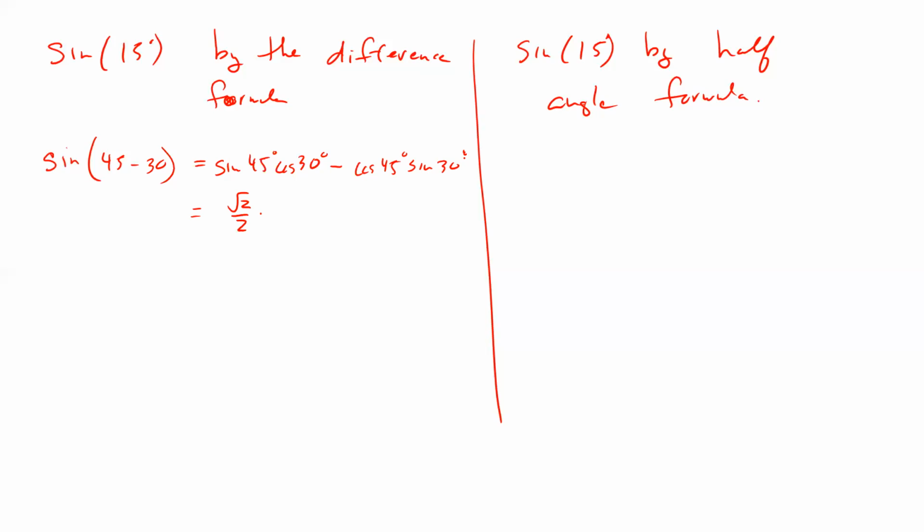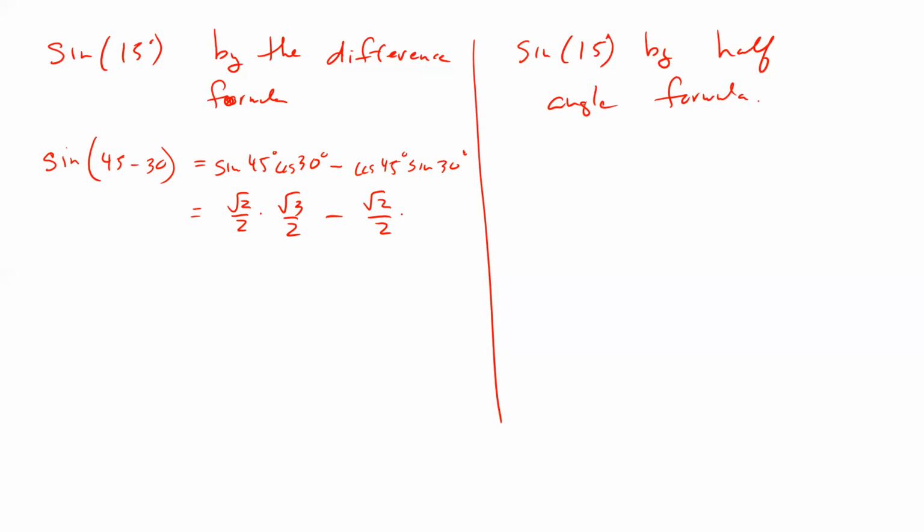All right, cosine of 30 degrees. Square root of 3 over 2. I agree with that. Minus cosine of 45.